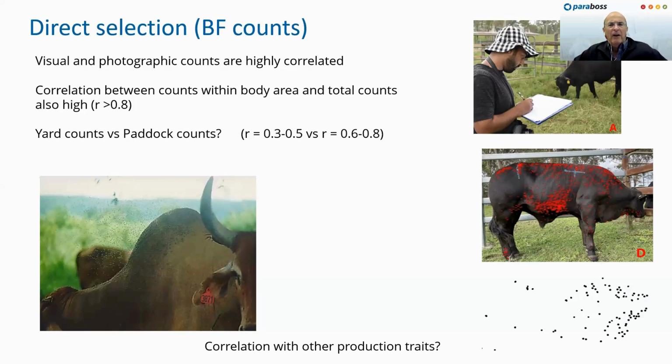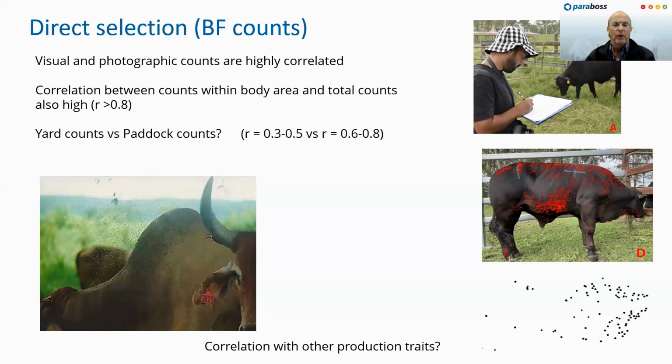And if you just take a count on a particular body area, like on one side or on the back, or even on the belly, the correlation between that count and the whole body counts in our work has been quite high. So you really only need, in most instances, to count a small area, as long as it's the same area on each of the animals.